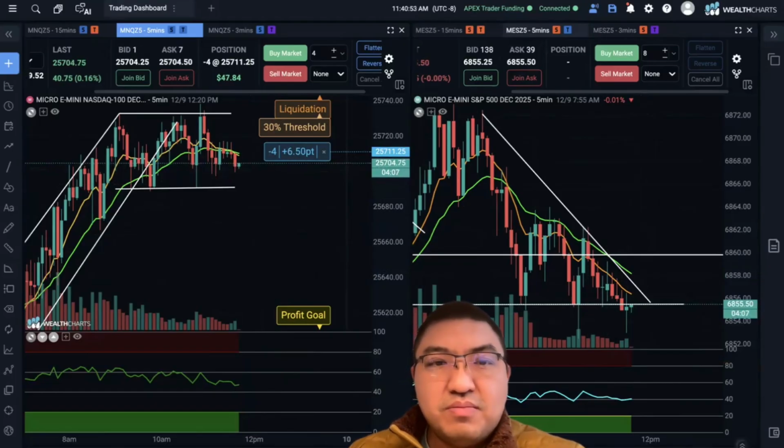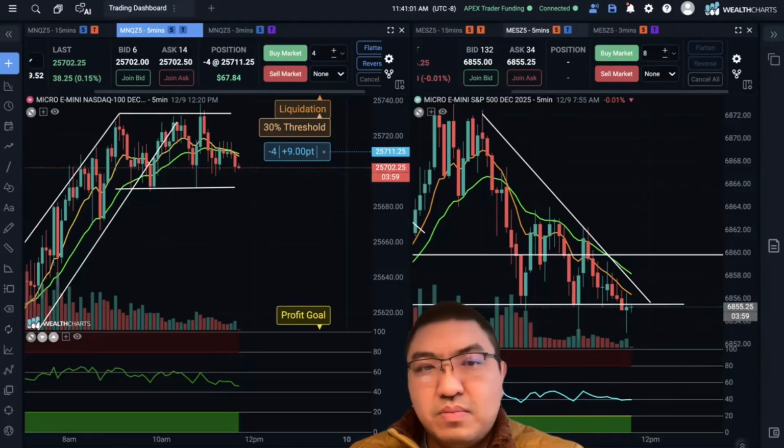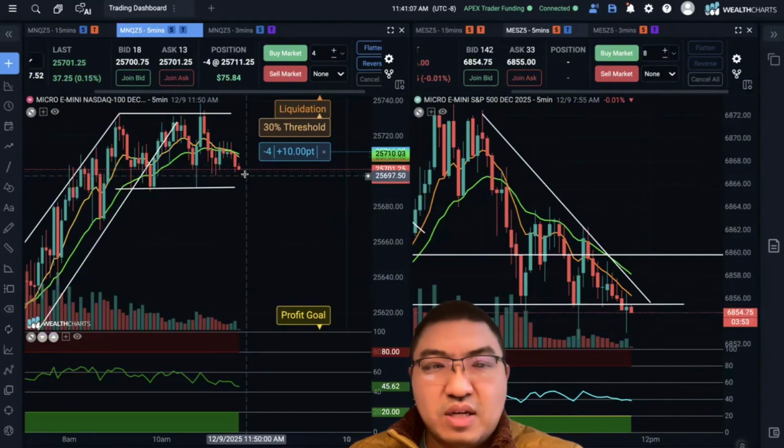If not, okay, keep going down. If it exceeds this lower previous low, then I'll probably set a trailing stop loss here. Secure my profit.